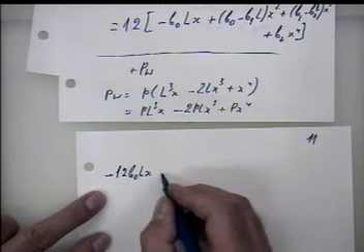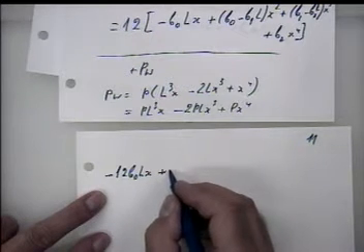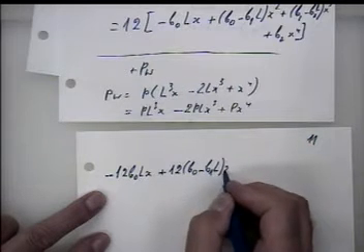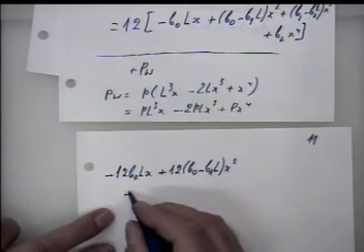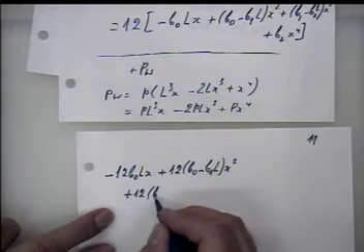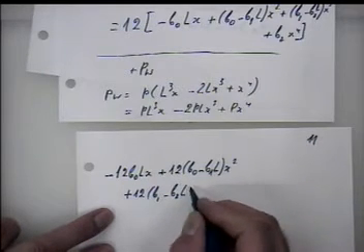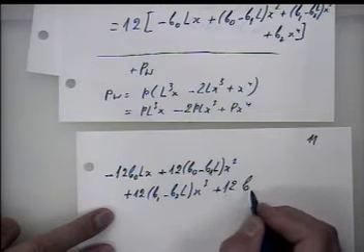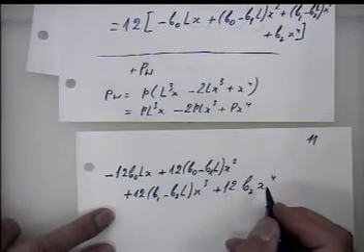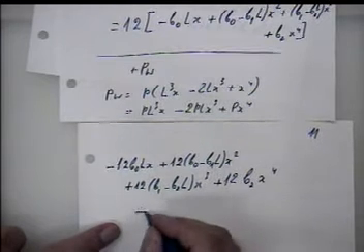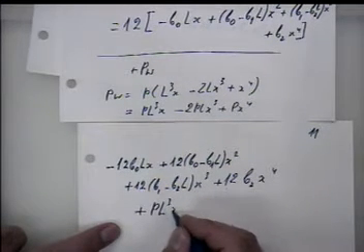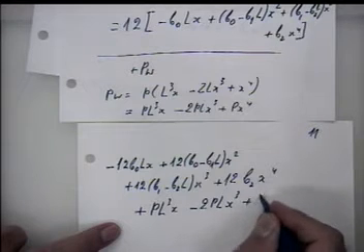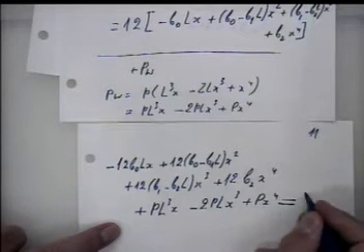Please pay attention because I may well make a mistake. 12 B0 minus B1L x squared plus 12 B1 minus B2L x cubed plus 12 B2x in fourth power, plus PL cube x minus 2PL x cubed plus PX in fourth power, that equals 0.